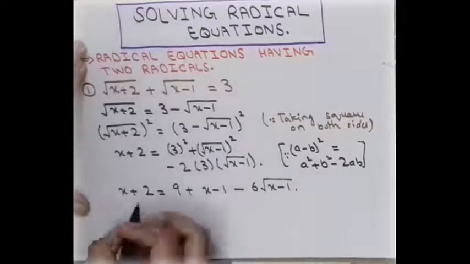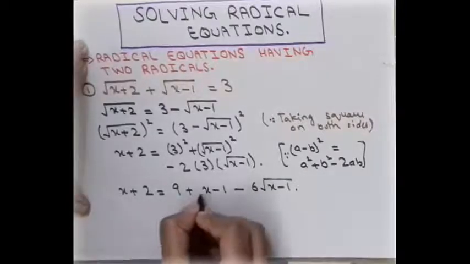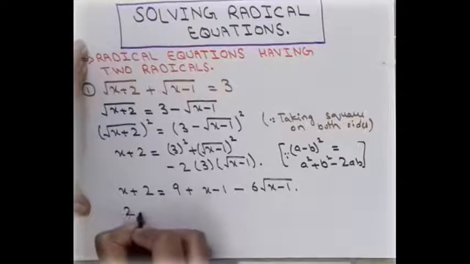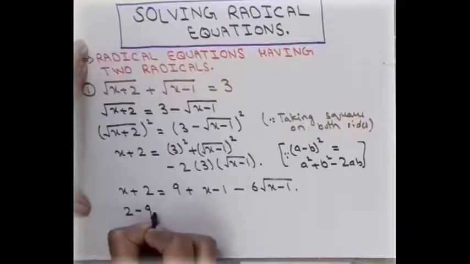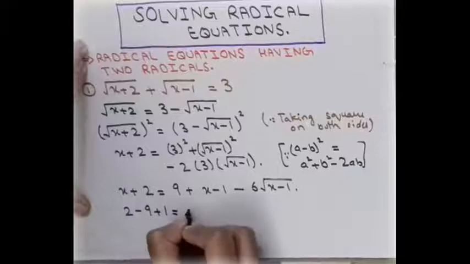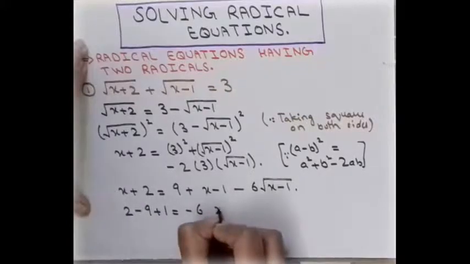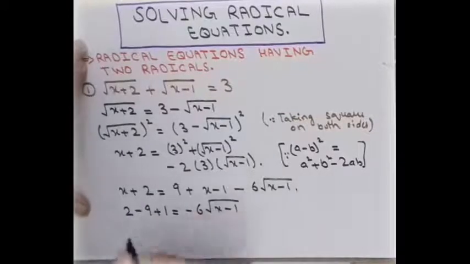Now to simplify these terms, this x can be cancelled out with this x, so we are left with x − 9 + 1 equals −6√(x−1).